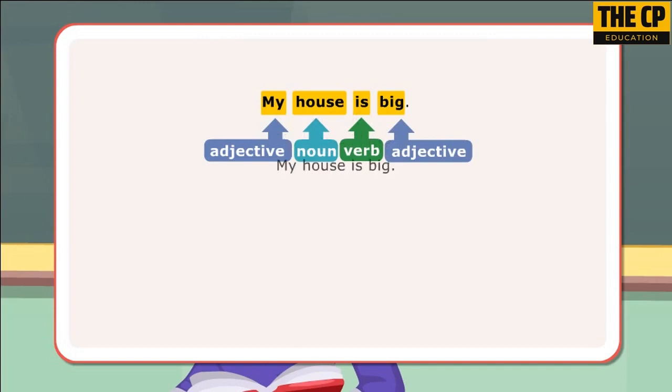The first letter of each sentence must be capitalized. Example: M in my, the first letter of the sentence. One punctuation mark is essential in a sentence, that is full stop, question mark, or exclamation mark used at the end of a sentence. Example: full stop at the end.